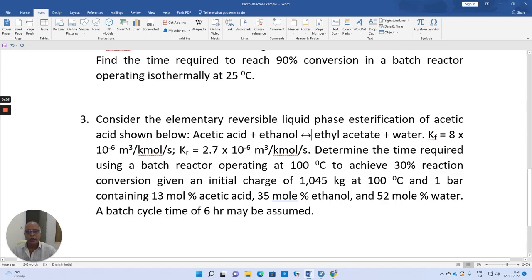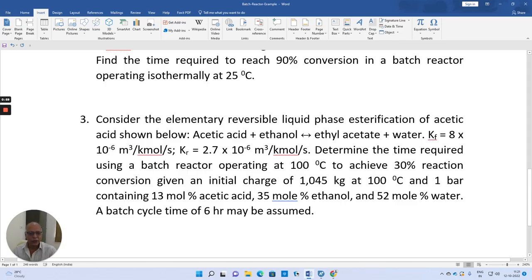To start with, consider a liquid phase reversible reaction. Because it is given as elementary, this reaction is second order in both directions. You have been given the forward rate constant and also the backward rate constant, and you are required to use a batch reactor model in Aspen to calculate the time required to obtain 30% conversion when you are operating the batch reactor at isothermal conditions at 100 degrees centigrade.